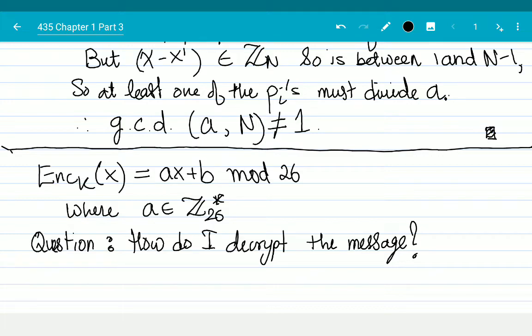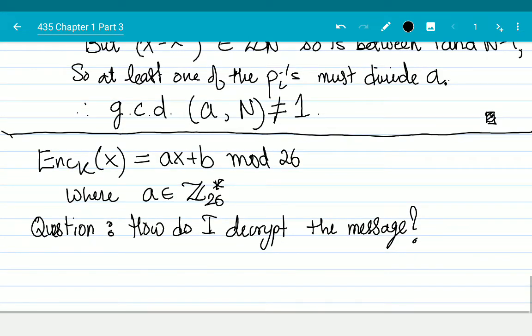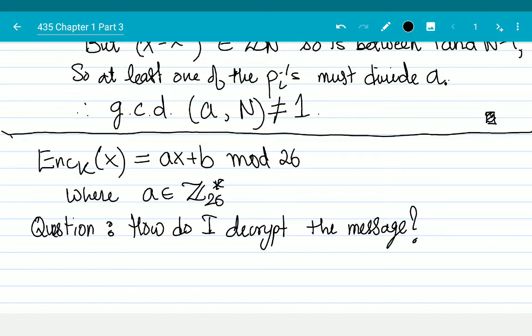And what you should note is that we know that our transformation ax plus b is a linear transformation, right? And so its inverse image is also going to be linear.